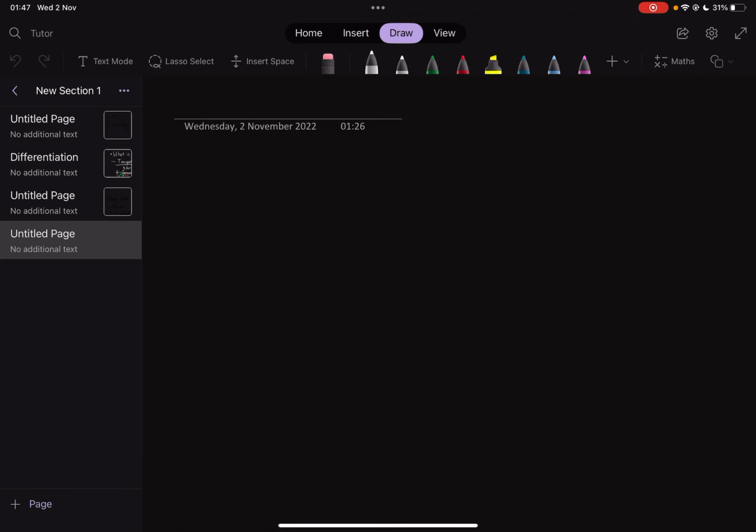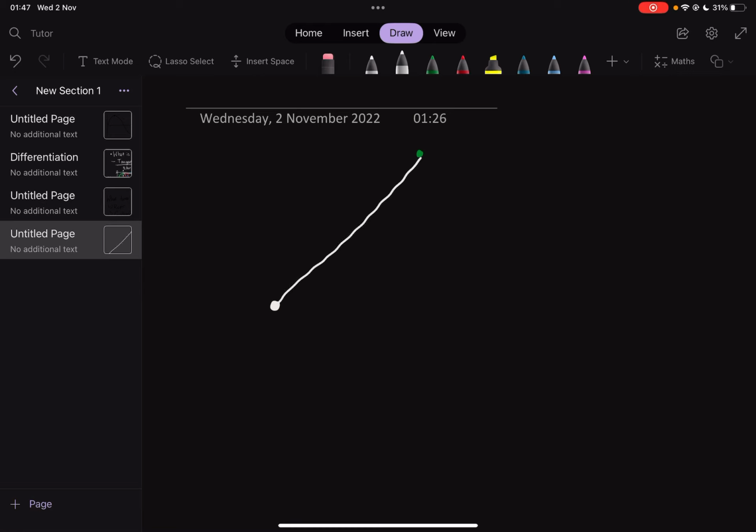So if we go to our thing, the idea of having our point over here and then our second point, and finding this gradient over here, well, this gradient is basically a right angle triangle.